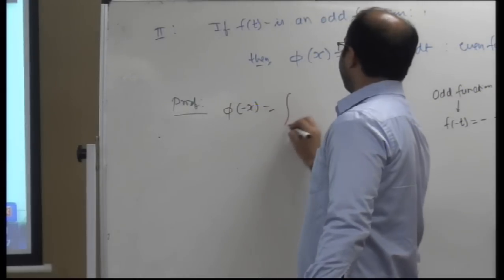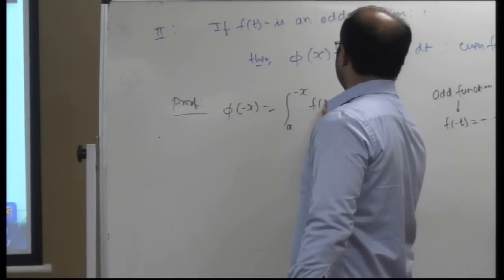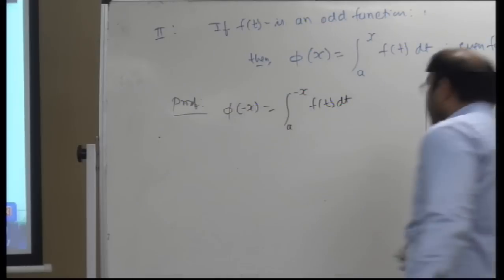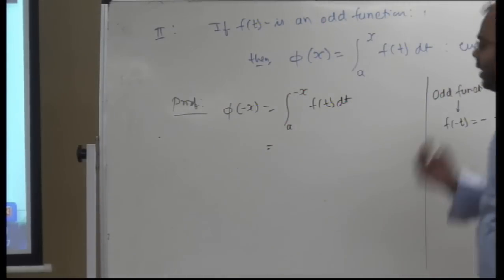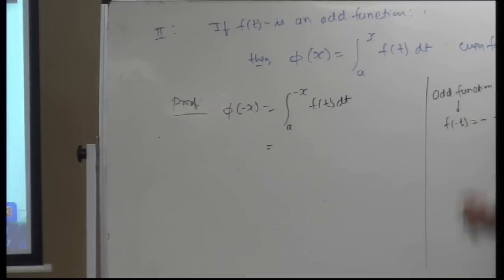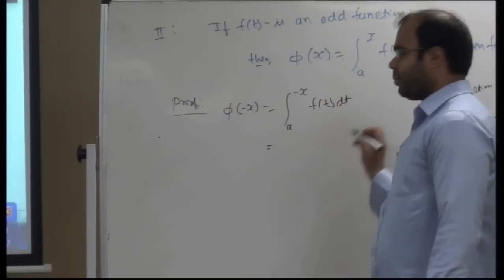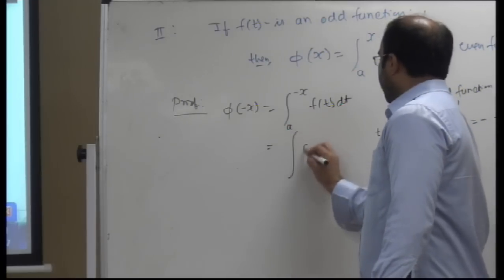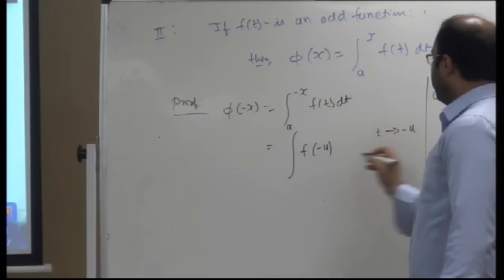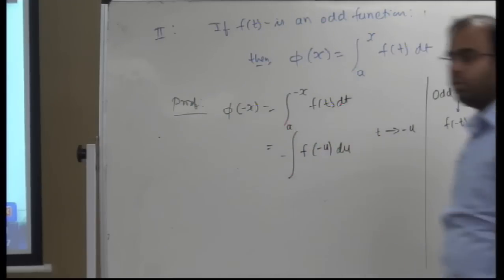This will become integral from a to -x of f(t) dt. Okay, we'll proceed like this. Then what we do, we take t as a variable minus u. So if we take t as -u, this would become f(-u), and dt will become -du.